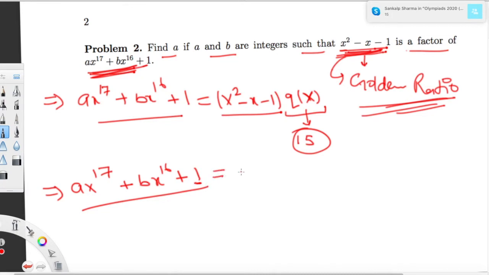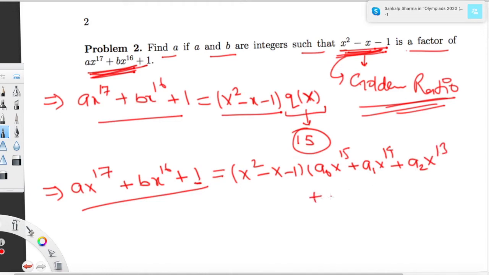I can write the 15-degree polynomial as a0 x^15 plus a1 x^14 plus a2 x^13, and so on, and the second last is a14 x, and what should be the constant term? Minus 1. Yeah, good answer. Minus 1 should be the constant term.